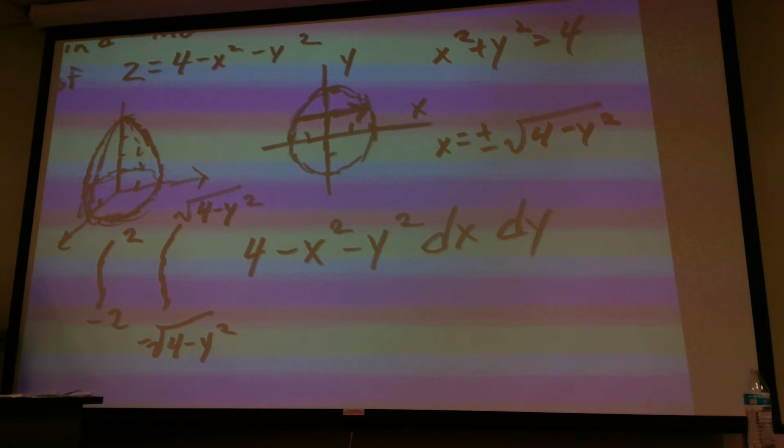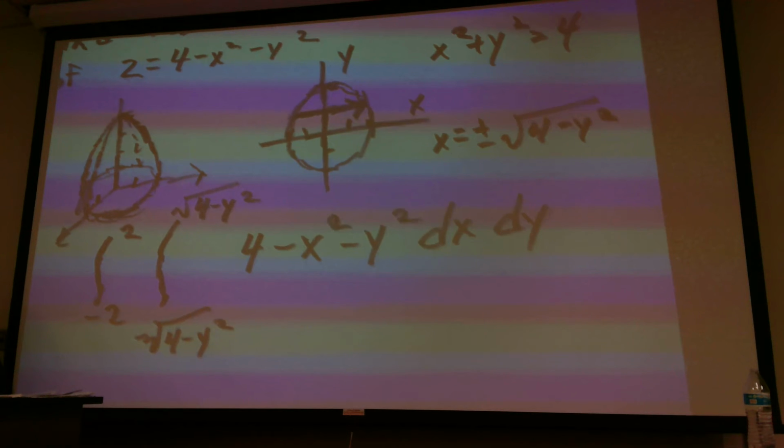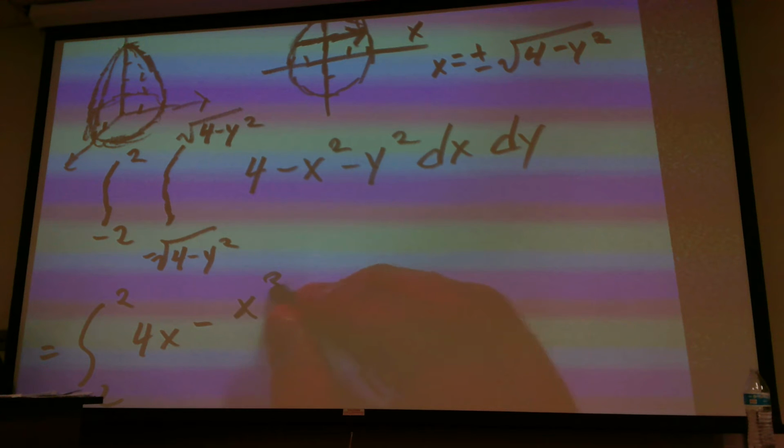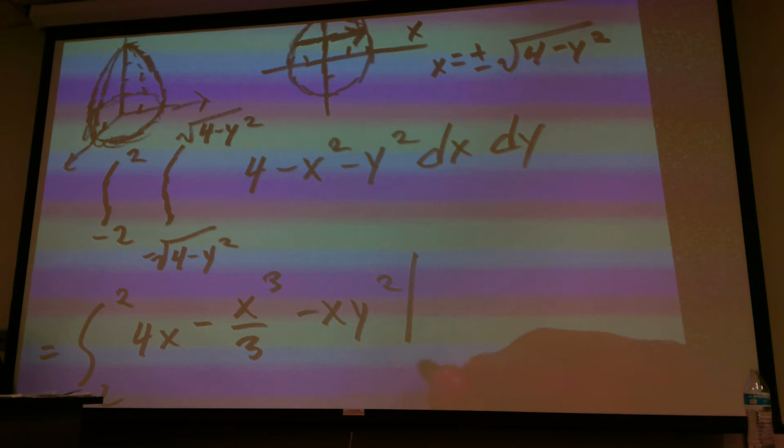Well, what would this become? This would become the integral from -2 to 2 of 4x minus x cubed divided by 3 minus x y squared. And now this has to be evaluated at the negative square root of 4 minus y squared to the root of 4 minus y squared, dy.